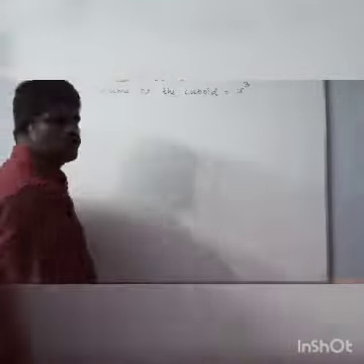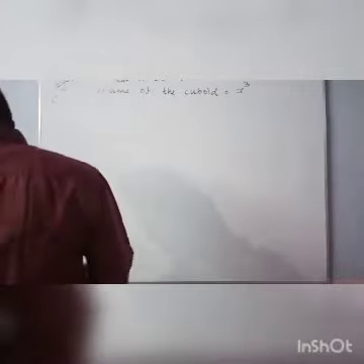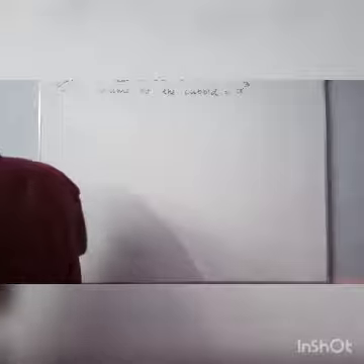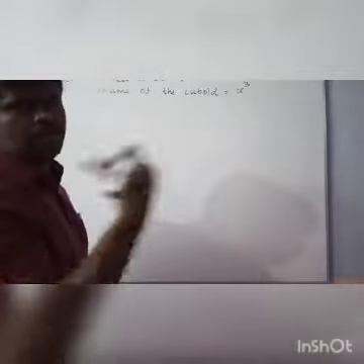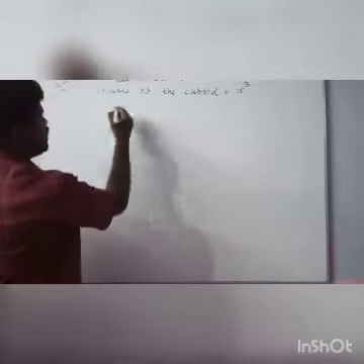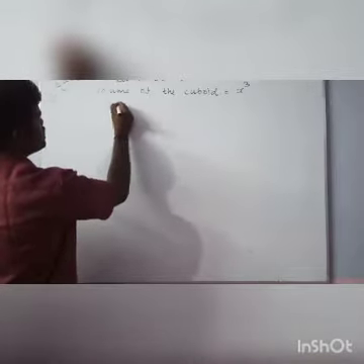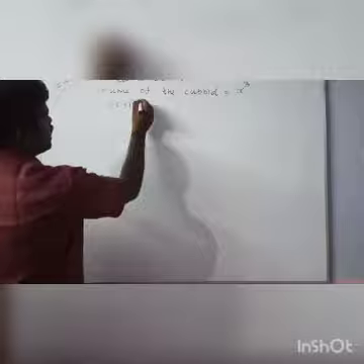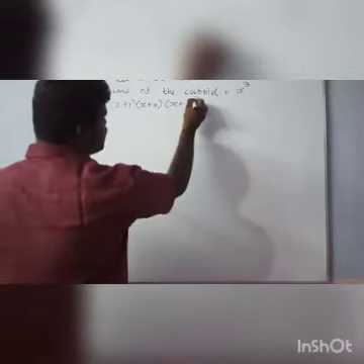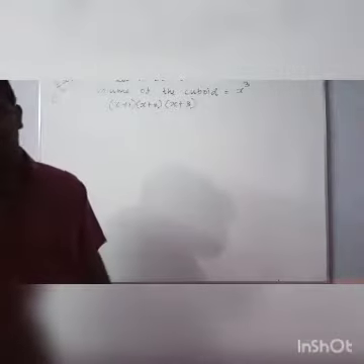Volume of the cuboid. Here the given concept is that the sides of the cubic box are increased by 1, 2, 3. So one side is x, that must be increased. One side is x plus 1 and another side is x plus 2 and another side is increased by 3, so that's why x plus 3.